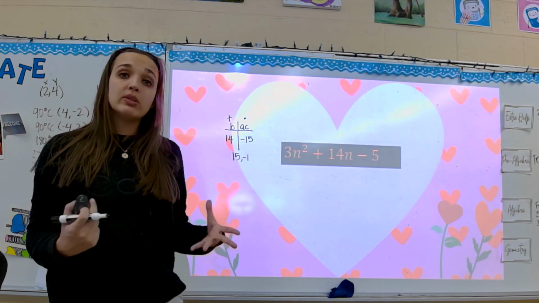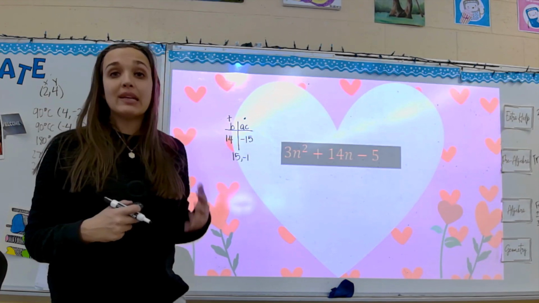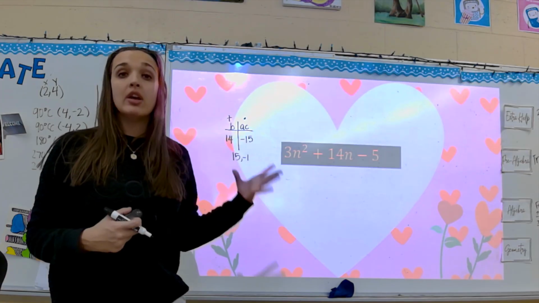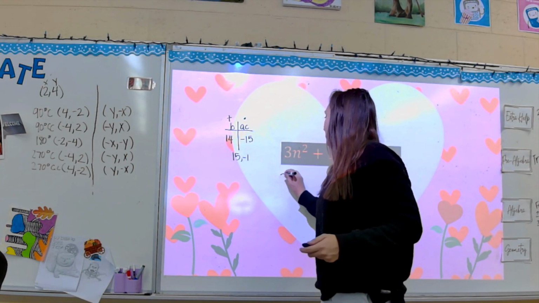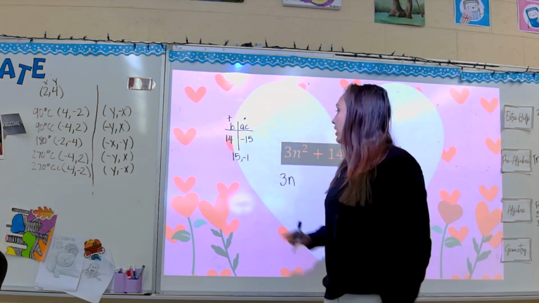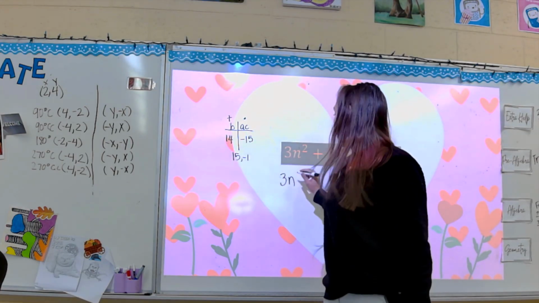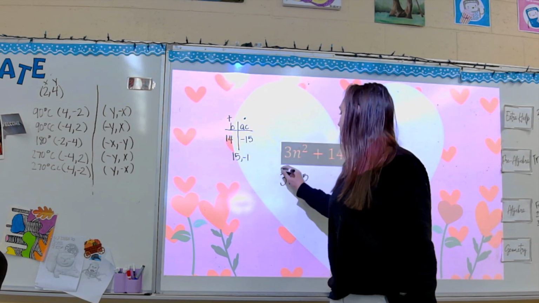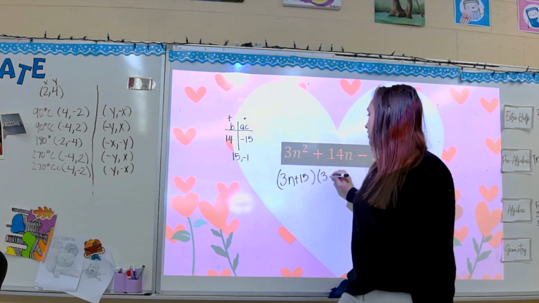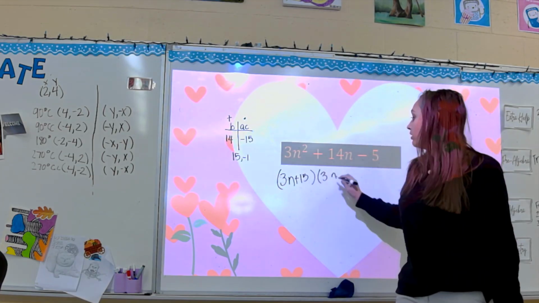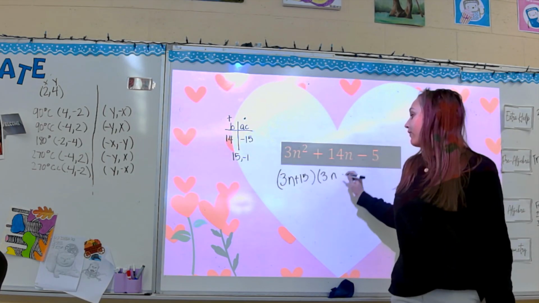So now I'm going to use my quick rule to get my factored answer. I take my a term, drop it down, put my variable, then put one factor that I found, plus 15. I drop my a term down again, put the variable, and then put my other factor that I found.